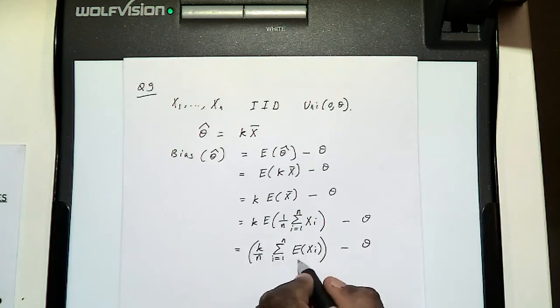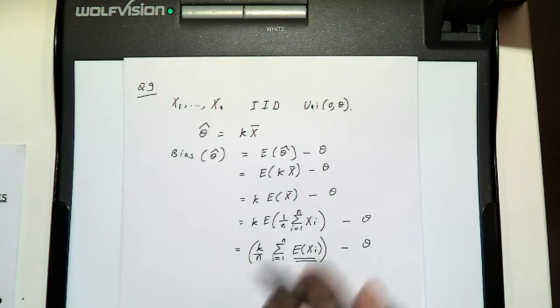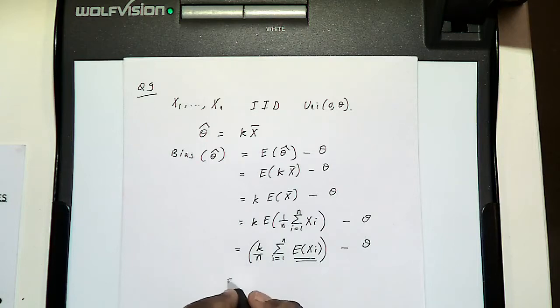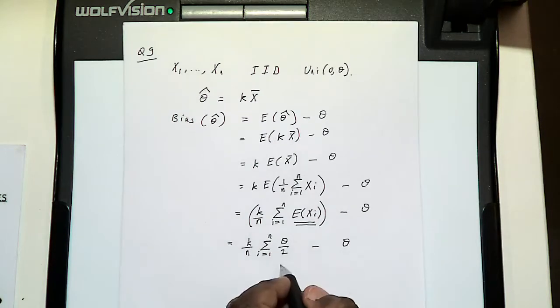Now do you remember what's the expected value? Xi is uniform 0 theta, so the expected value is theta over 2. So this is going to be k over n times the sum. Now theta over 2 is a constant, so the sum of a constant is n times the constant.